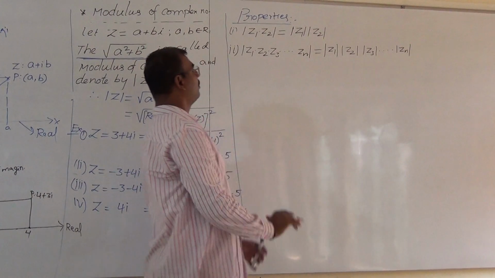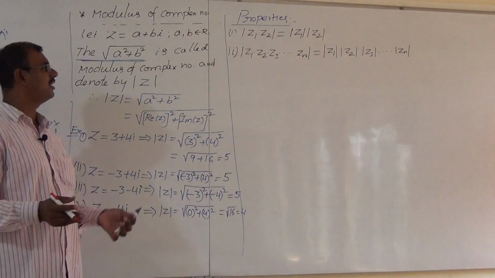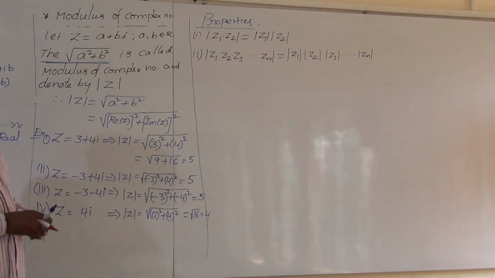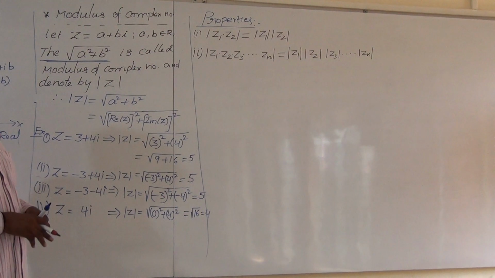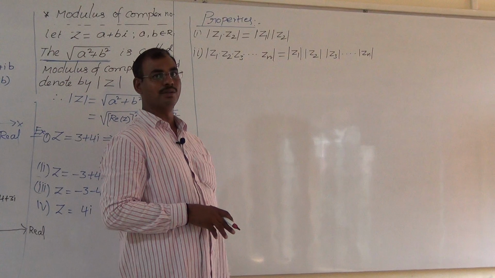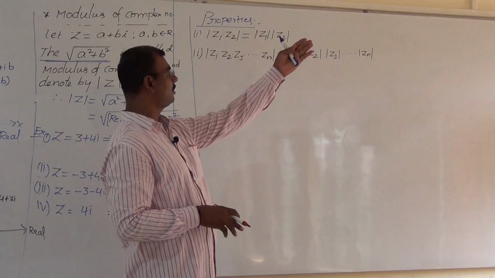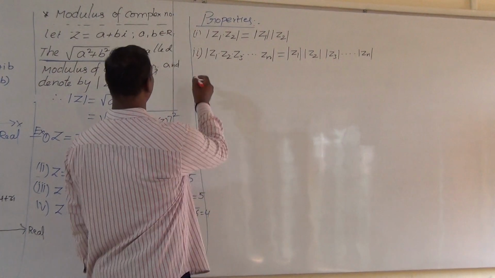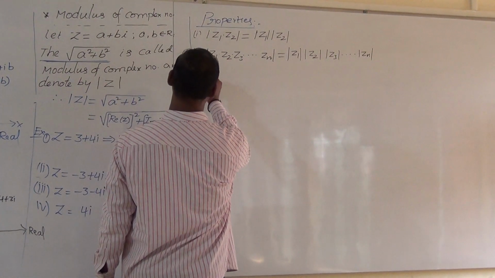Without this, multiplying all the numbers takes a lot of time. To reduce our risk, what will we do? We should always apply the properties. Mod of z1 z2 z3 up to zn is equal to mod of z1 mod of z2 and so on up to mod of zn.